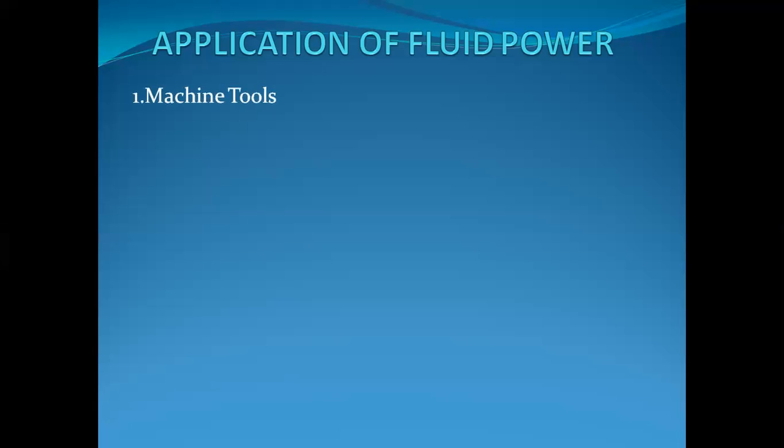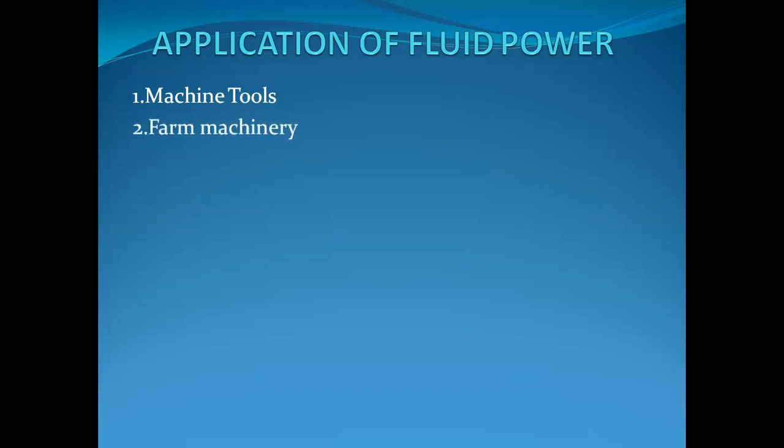Machine tools. Machine tools means, in large industries, lathe, milling machine, drilling machine, and other types of large machines use the hydraulic system for fixing the tool and removing the tool, safeguarding the machine from the environment, and loading and unloading purposes.